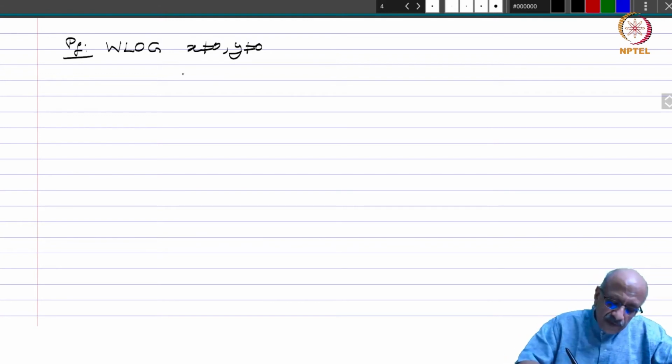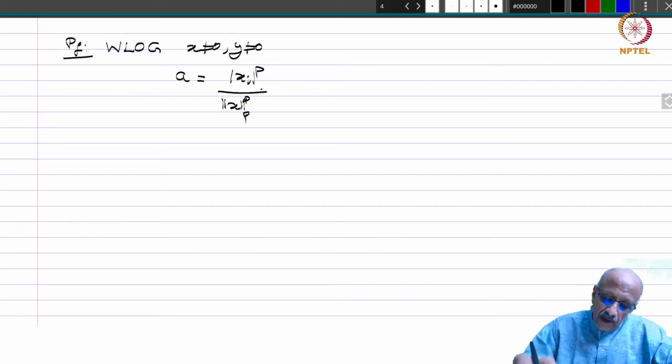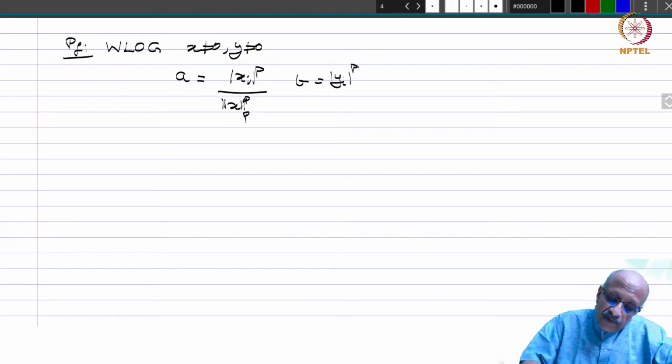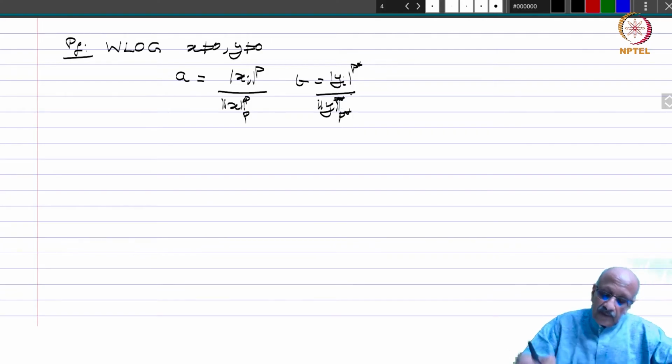We now set a equal to |xi|^p / ||x||_p^p, and b equal to |yi|^p star / ||y||_p star^p star.